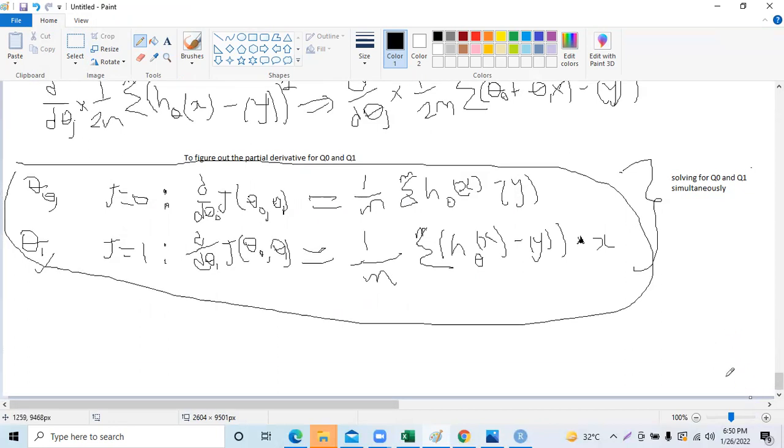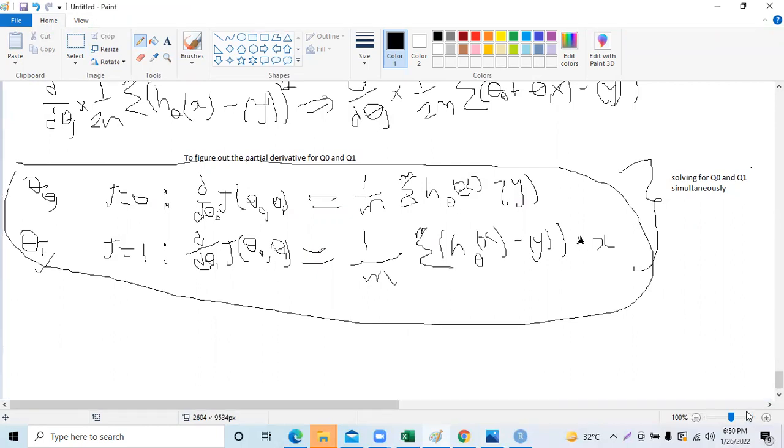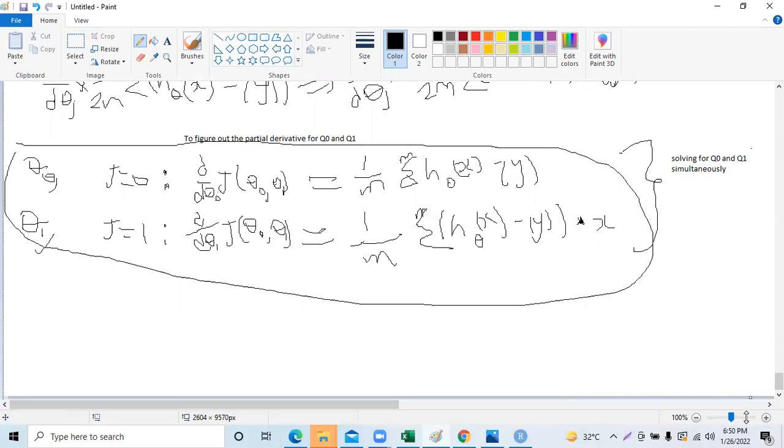Let me draw the converse function now. Or let me write it out in more simple mathematics.